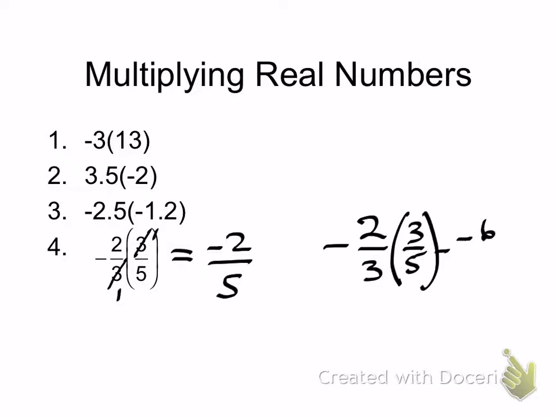Negative 6 over 15, and then reduce it. 3 goes into that 2 times, and this is 5 times.